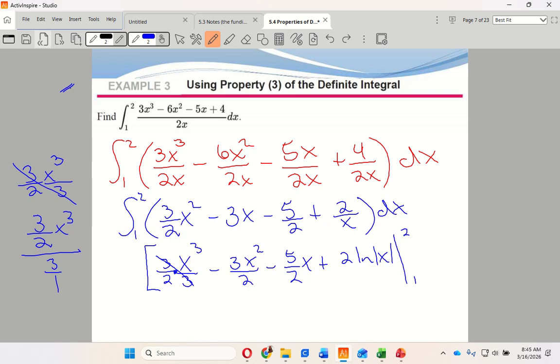All right, so we're doing top minus bottom. So we're plugging in the 2 now, right?